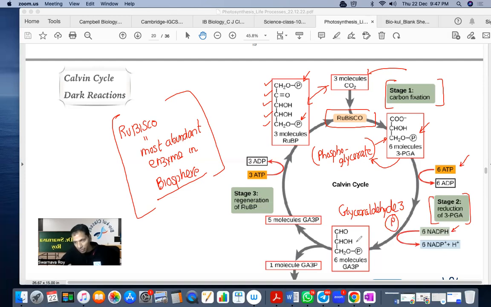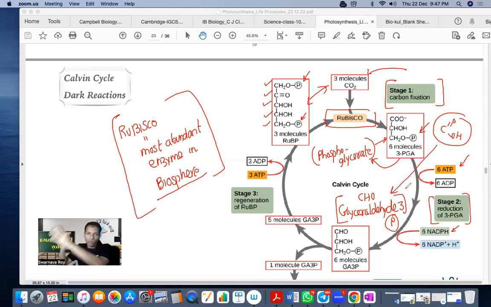Again, the third carbon has the phosphate, so glyceraldehyde 3-phosphate. In biochemistry, we know when something has the COOH, the carboxylic acid group, right? So this is a carboxylic acid, right? So when the carboxylic acid is getting reduced to an aldehyde, CHO group, this is called reduction. COOH, carboxylic acid, is reduced to an aldehyde.